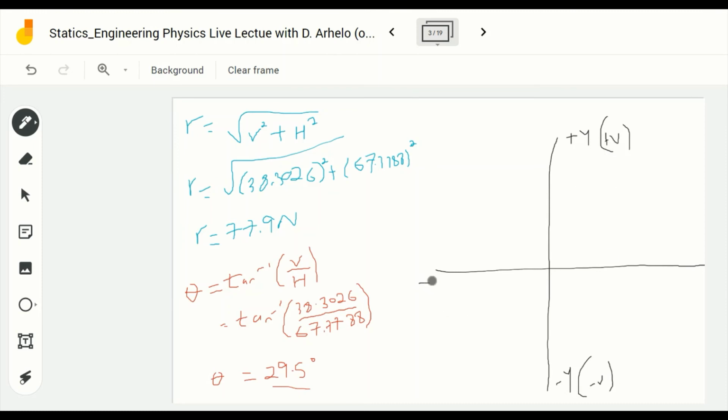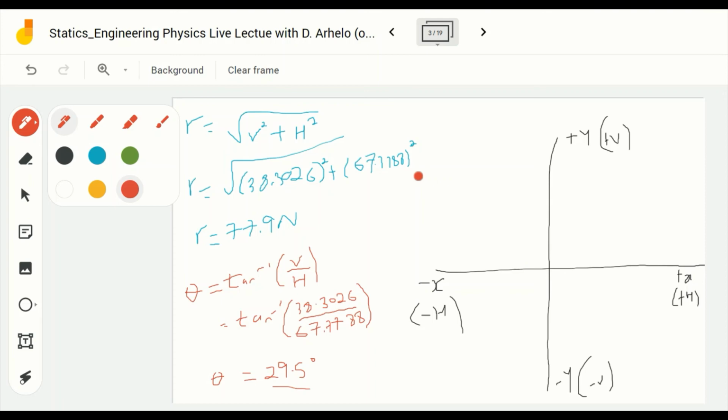Here is our negative x-axis, which is our negative total horizontal axis, while here is our positive x-axis, which is our positive horizontal axis. Now, the total horizontal component is positive, so I have to draw a line to my right. If it was negative, I would draw it to my left.